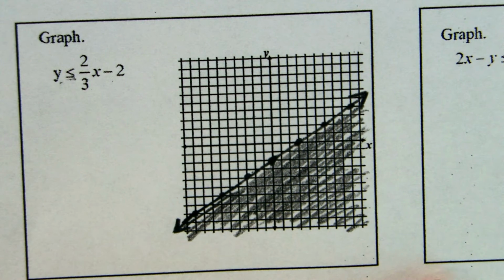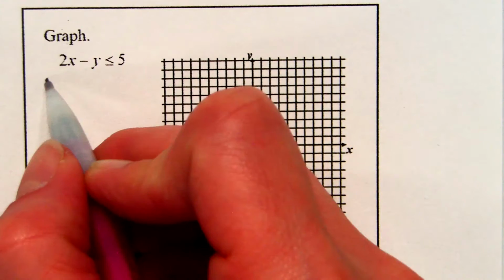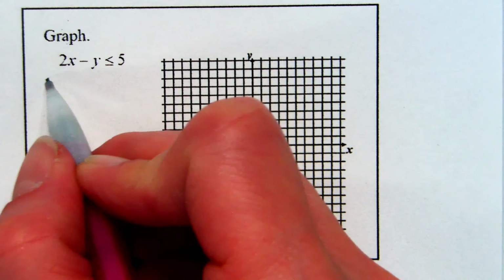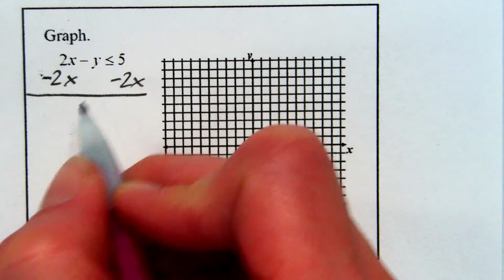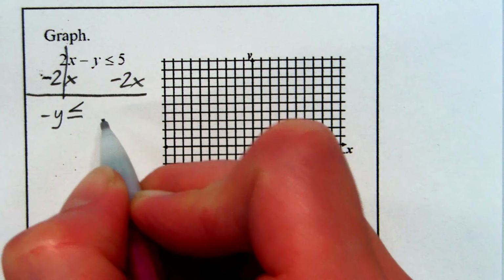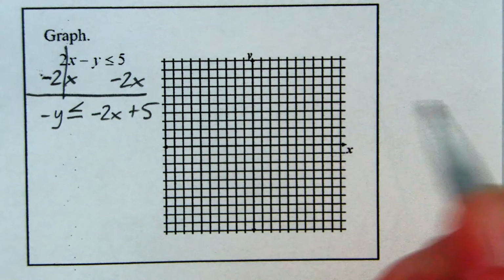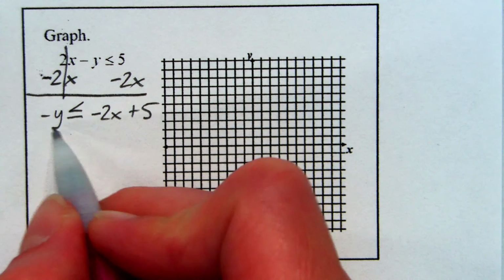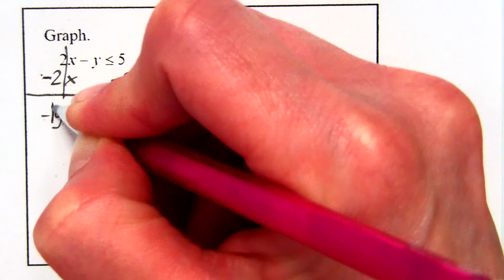Okay, so there's one more where we have to rearrange. So let's rearrange this one. So as the song says, subtract the x term, so we're going to subtract 2x, which leaves me with negative y is less than or equal to negative 2x plus 5. And then there's just negative y, so if you want to think of that as negative 1y, it's the same thing.